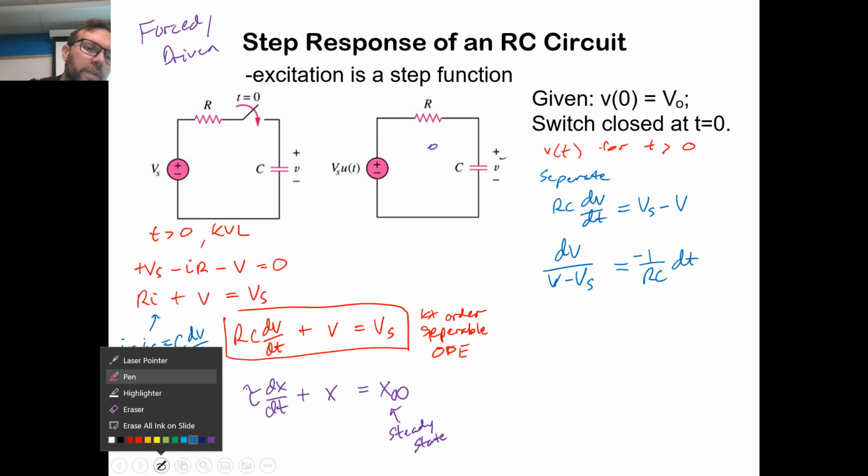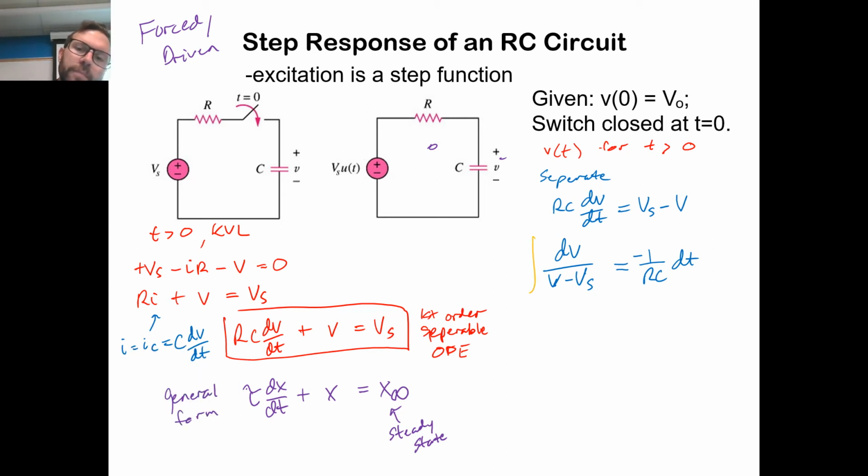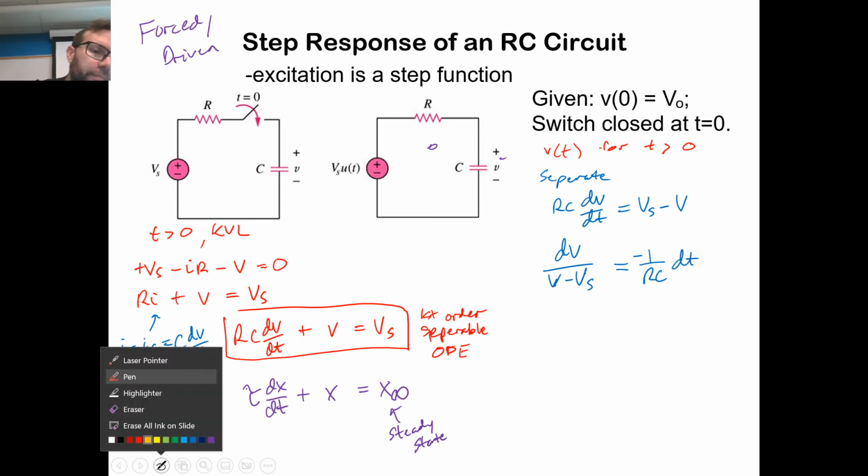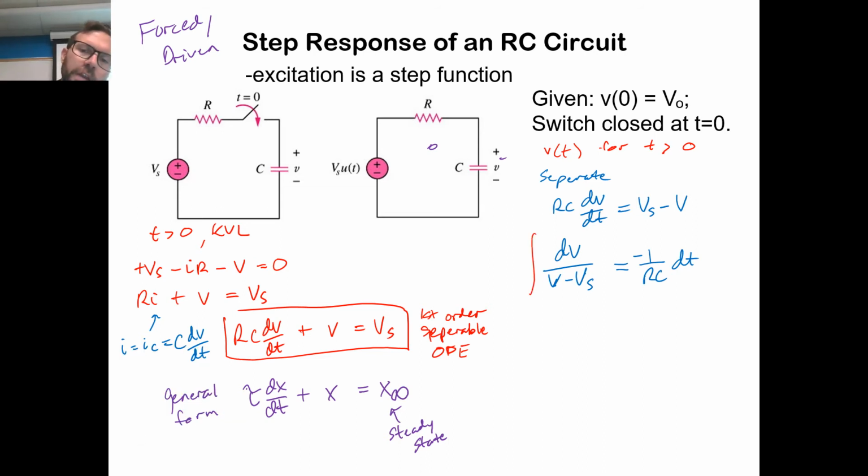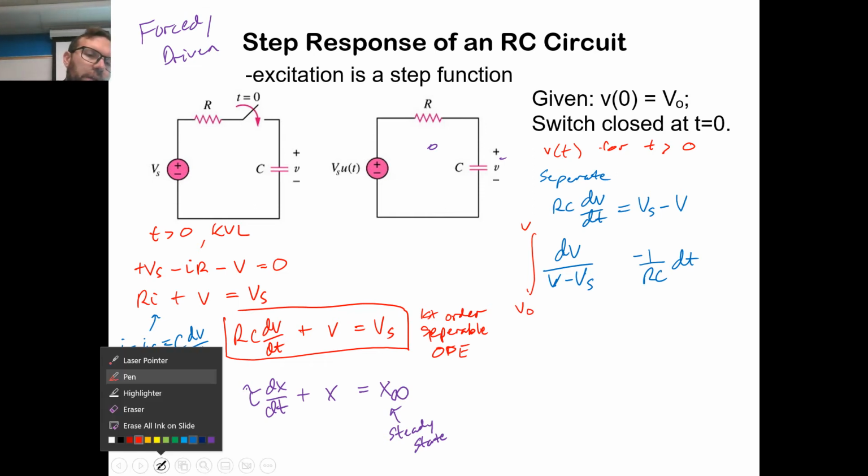And now what we're going to do is integrate. Now we're going to integrate from V naught up to V, and I know I'm not keeping track of my variables and doing this in the exact technical way here.